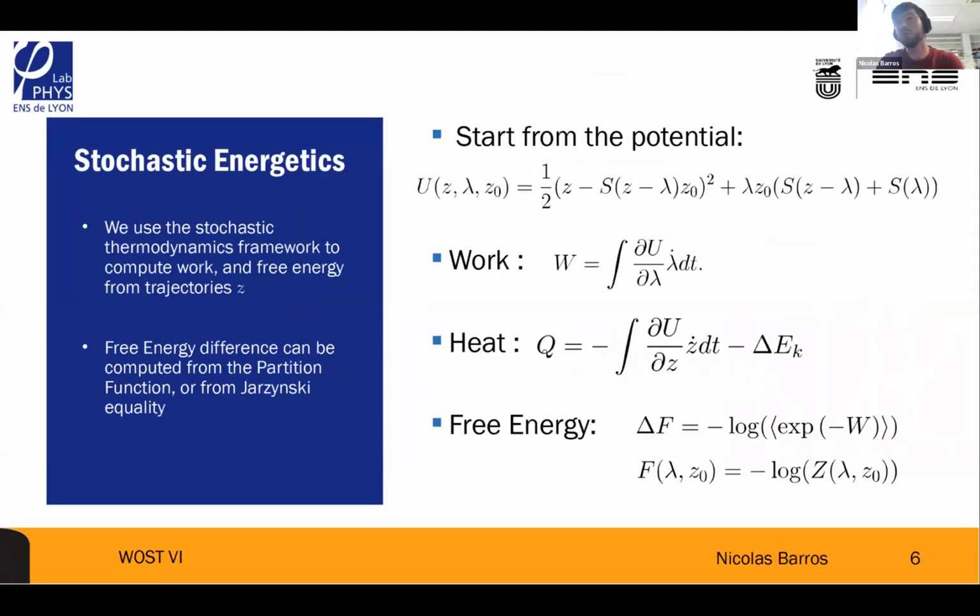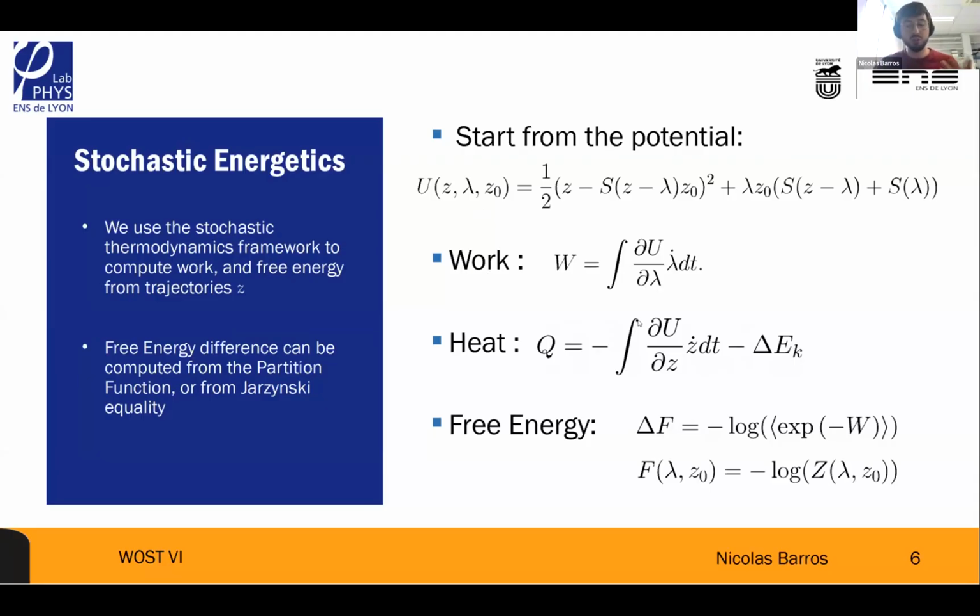So using the framework of stochastic energetics introduced by Sekimoto, we have everything needed to compute the interesting energetic quantities on the single trajectory level. So if we start from the expression of the potential, which is tuned by a parameter lambda, which tunes the asymmetry between the two wells, and using the data on the position that we record with great accuracy, we can compute the work along the trajectory or the heat.